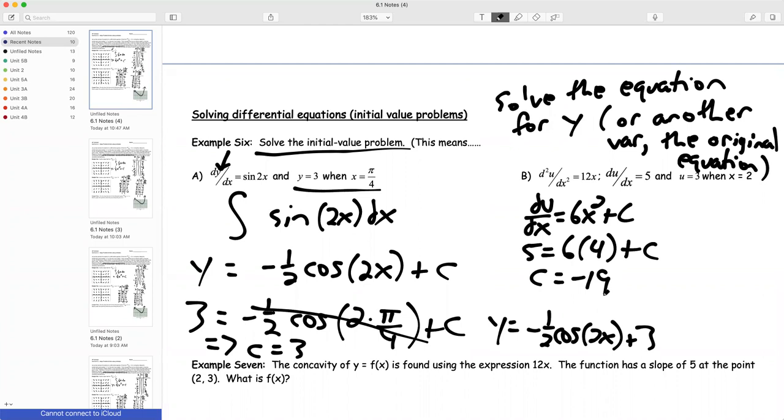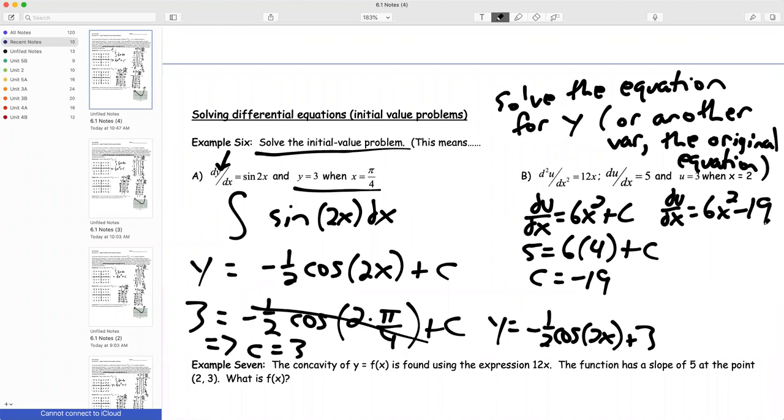So now I can say that du dx equals 6x squared minus 19. And I'm solving for the initial value, which means I need to get back to the original equation.